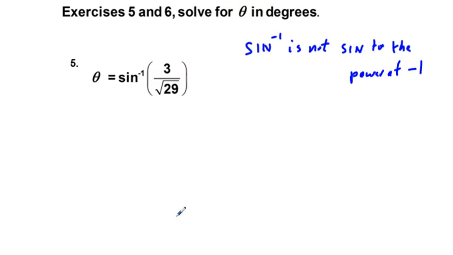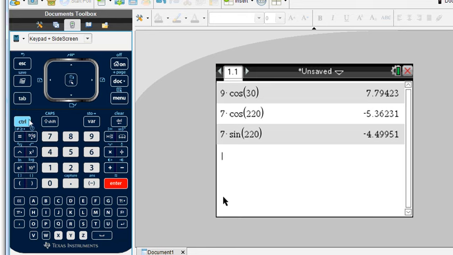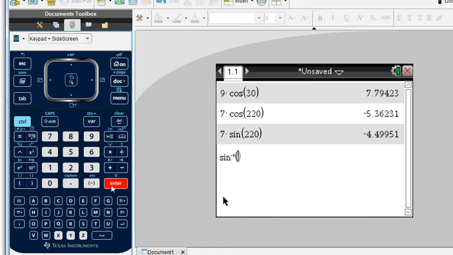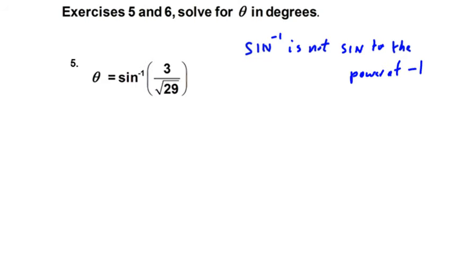And so to take an inverse, we go to our calculator and put in sine negative 1 of a fraction, and I think that's 3 over square root of 29. Make sure that's right. Yeah, that's right.